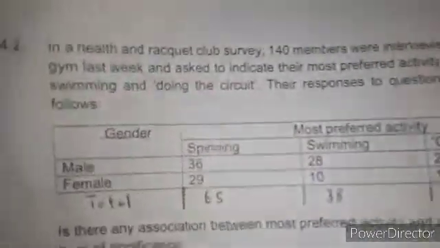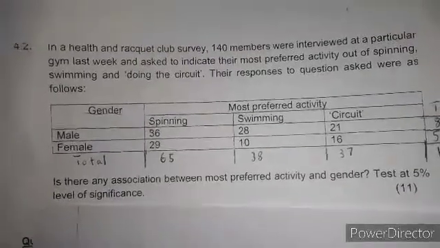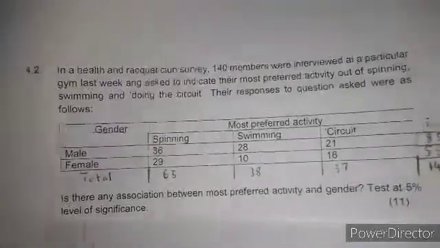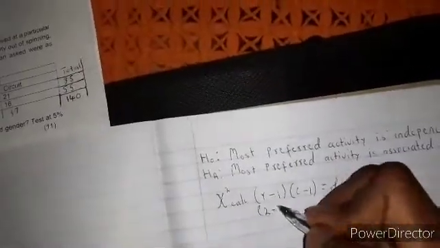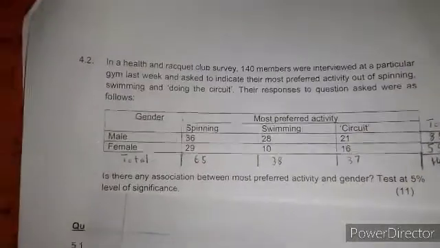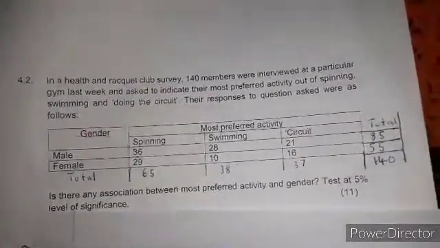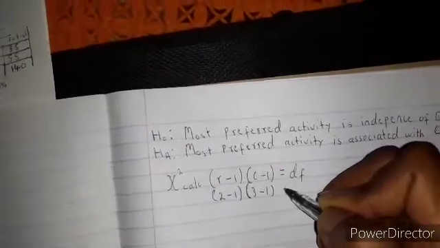Now, how many rows do we have? We have the male row and the female row, so there are 2 rows. 2 minus 1, close bracket. How many columns do we have? We have the spinning column, swimming, and circuit, which means there are 3 columns. 3 minus 1.